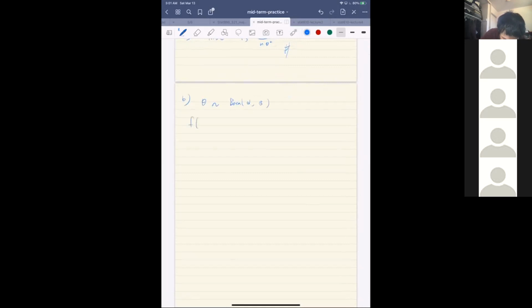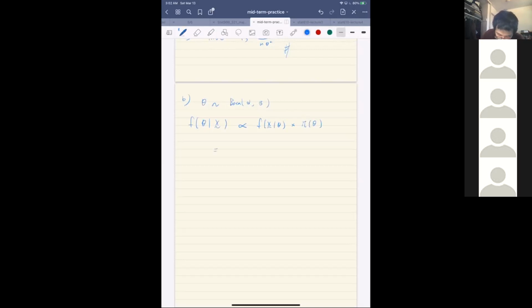So we want to find the posterior, and this is proportional to the density of x conditioned on theta, multiplied by the pi of theta. We just use pi as the prior.